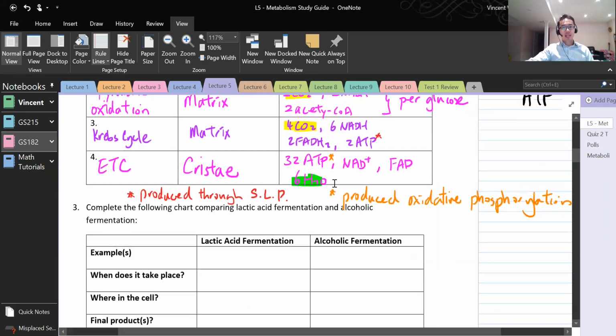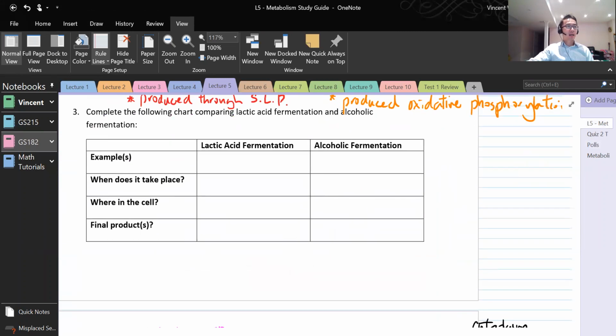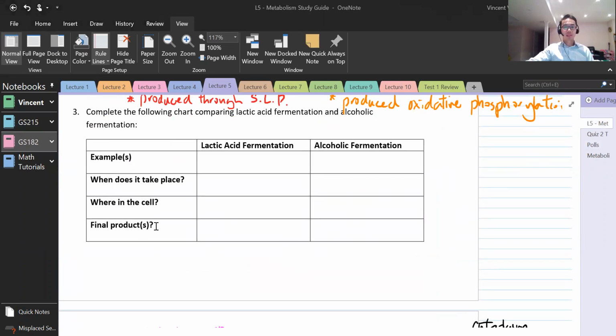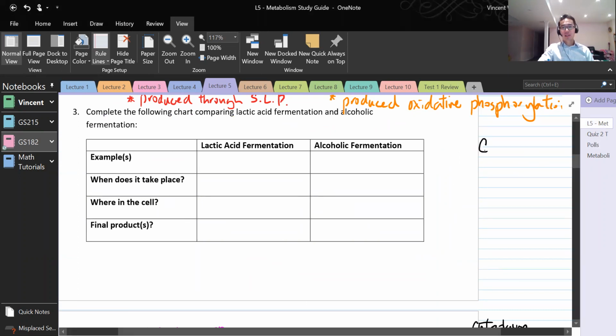We have lactic acid fermentation and alcoholic fermentation. Let's write this down again. We start with glucose, and then we have the 2 pyruvate. So where does the pyruvate go?